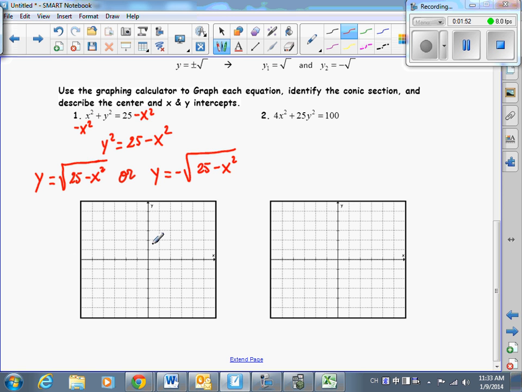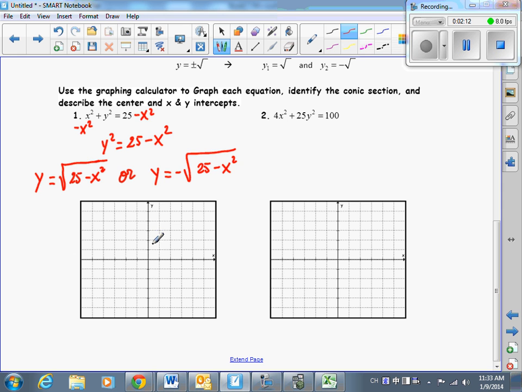Remember, every time you bring the square root, you need a plus and minus. And no, you cannot say 5 minus x. You do not find the square root like that. If it's a product, yes. If it's a sum or difference, you do not break the square root into both. We will get to it.